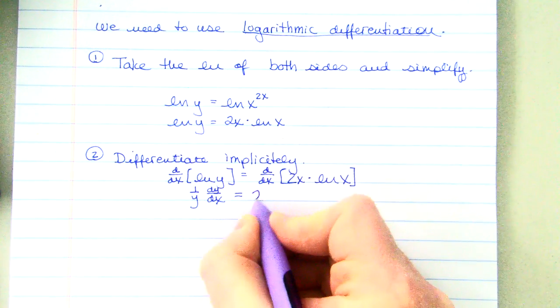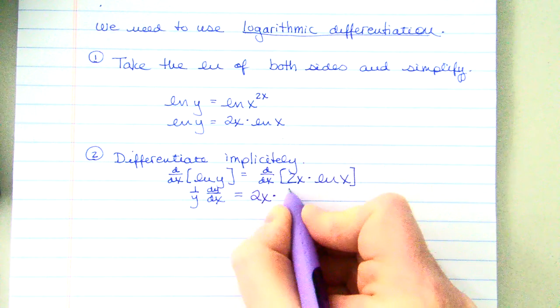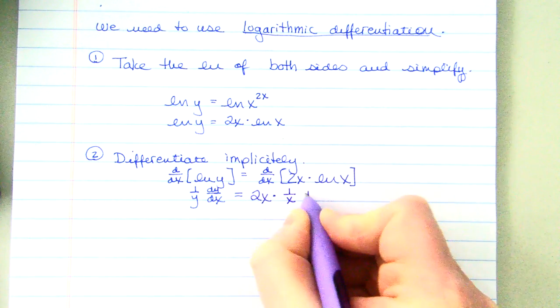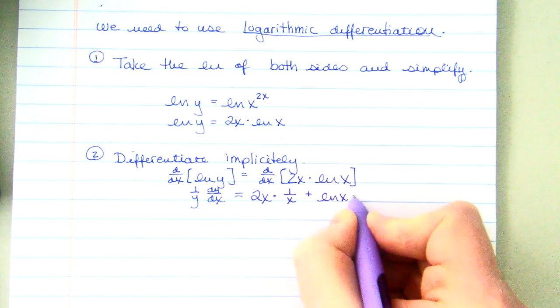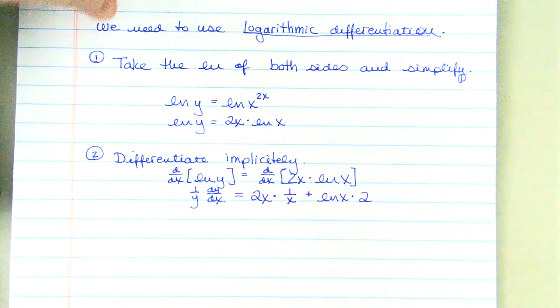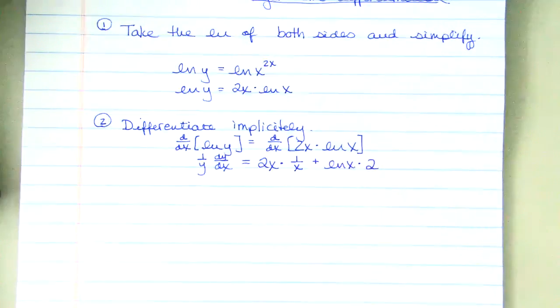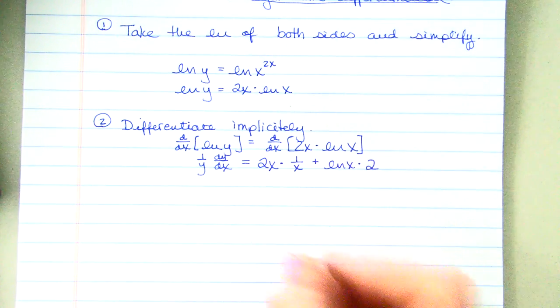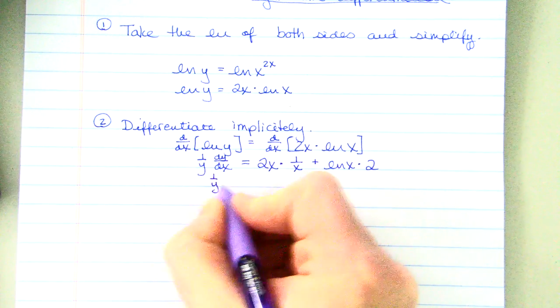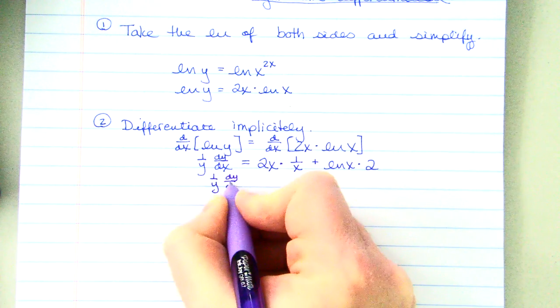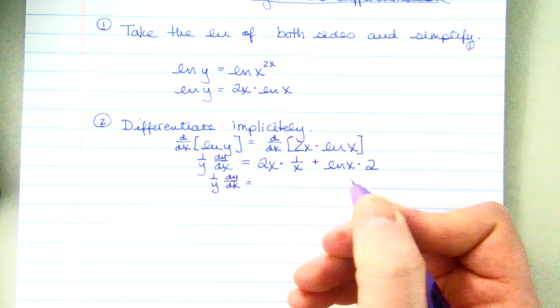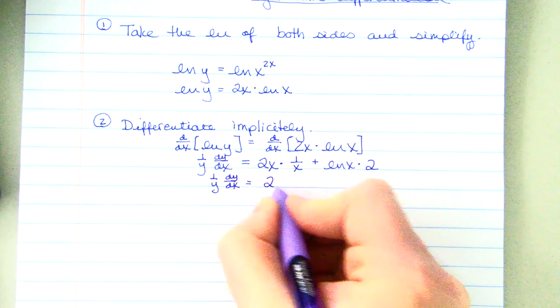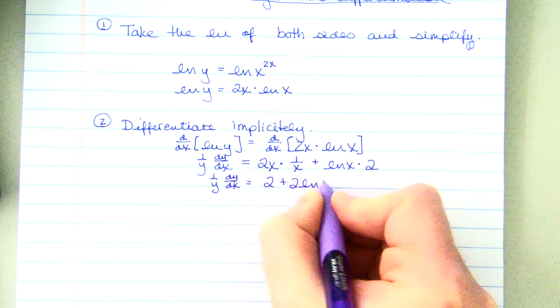First, 2x times derivative of the second, 1 over x, plus second, natural log of x, times derivative of the first, times 2. I'll clean that up a little. 1 over y dy dx equals, let's see, just 2, I guess, plus 2 ln x.